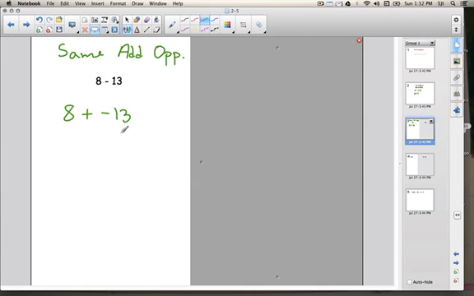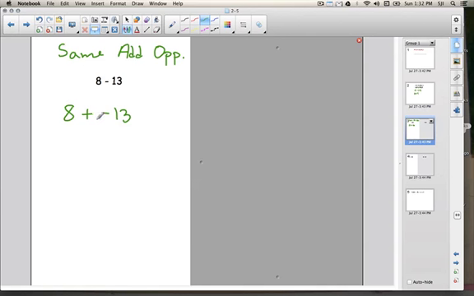Now I covered quite extensively in lesson 2-4 how to add integers, so if you want a little review on how to add integers, I'd suggest going back and watching lesson 2-4. The quickest way for me to figure this out is to find the absolute value of each of these numbers, 8 and 13.